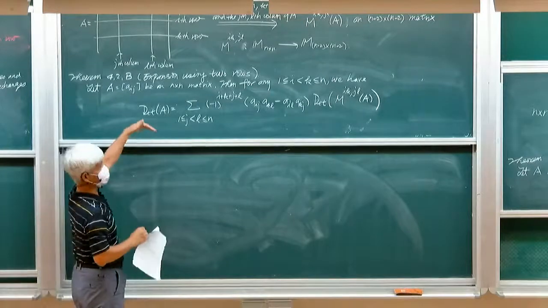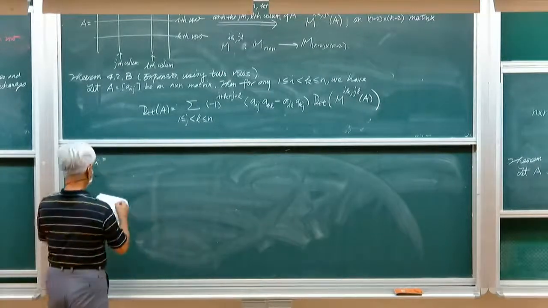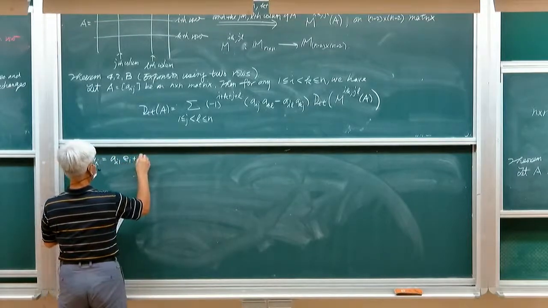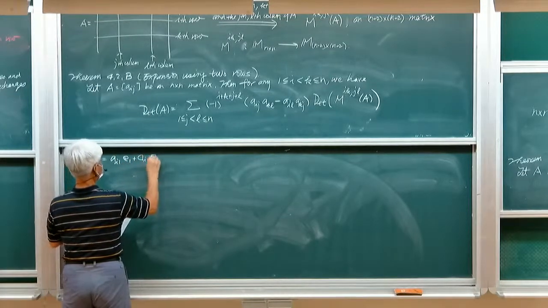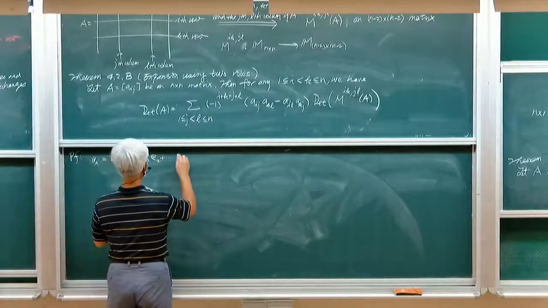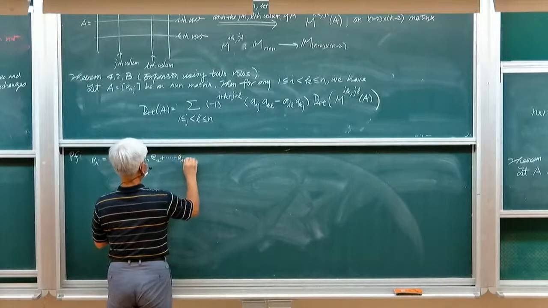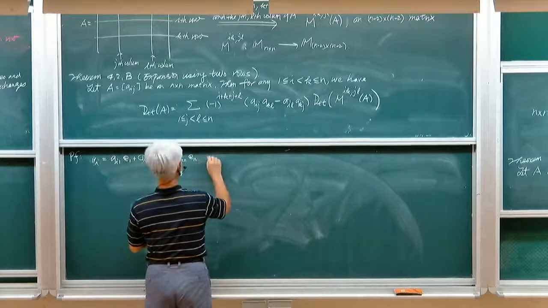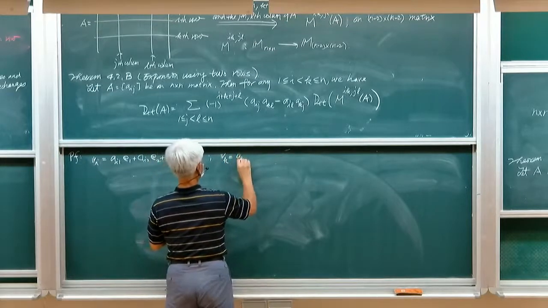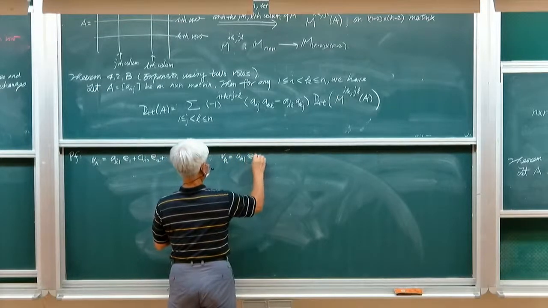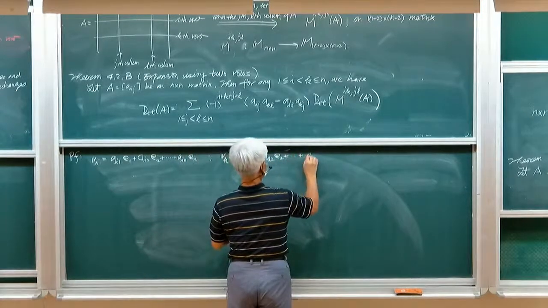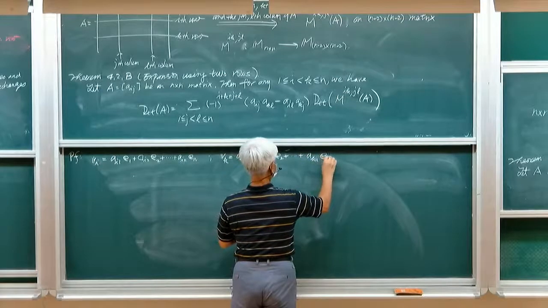Because we are using two rows, i0 and k0, the i-th row will be expressed as a linear combination of standard unit row vectors, a_i1 e1 plus a_i2 e2 plus up to a_in en, and likewise the k-th row is a_k1 e1 plus a_k2 e2 plus up to a_kn en.